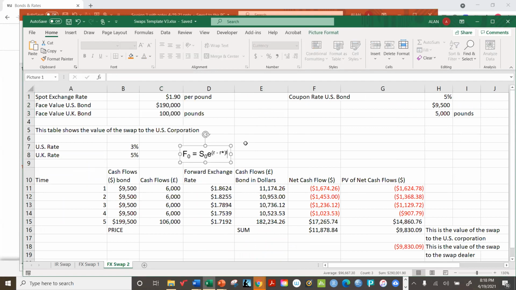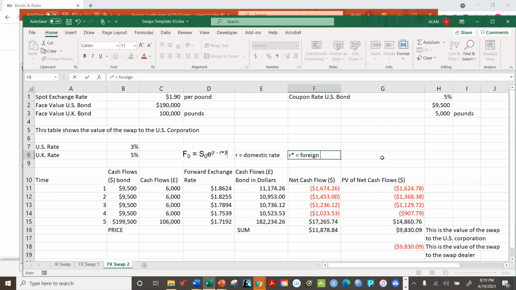I put this here to remind us how the forward exchange rate is related to the spot exchange rate when we're using continuously compounded rates of interest. And remember too, R is the domestic rate and R star is the foreign rate. Okay, so of course that means R is the dollar rate and R star is the foreign rate.